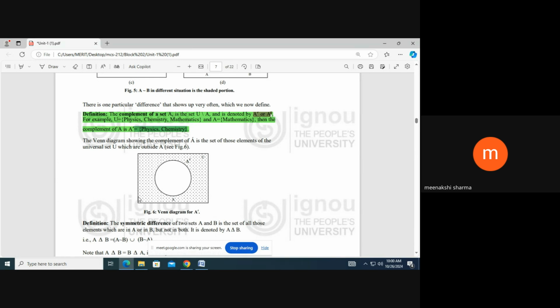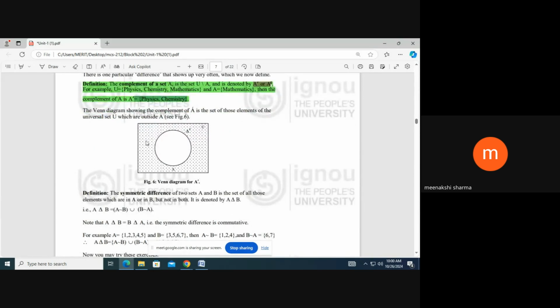The universal set has lots of elements, but we just use the complement of A. That's why we remove the A elements and just use the universal set elements. That's why the Venn diagram of the complement of A is this. Okay, read the Venn diagram of A complement, students. It's very important, students.